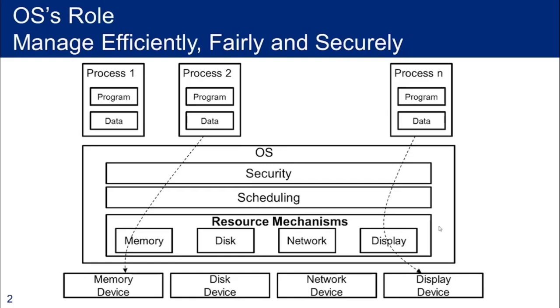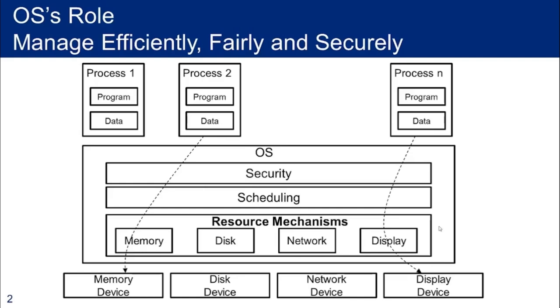It switches among the competing processes fairly to ensure that all processes get equal access to computer resources and there is no starvation. And it provides secure execution so that the access to resources is controlled to eliminate conflicts so processes don't interfere with each other.